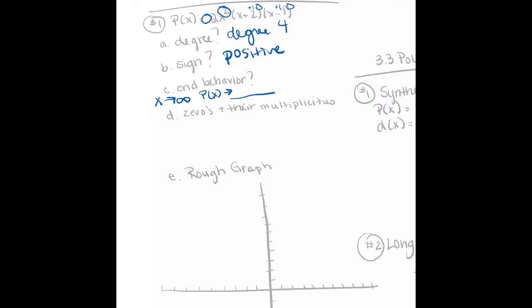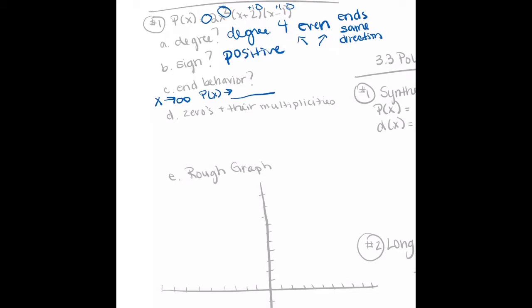And if we know it's positive and it's degree 4, when it's an even degree, our ends go in the same direction. And when it's positive, they're both going to go up.